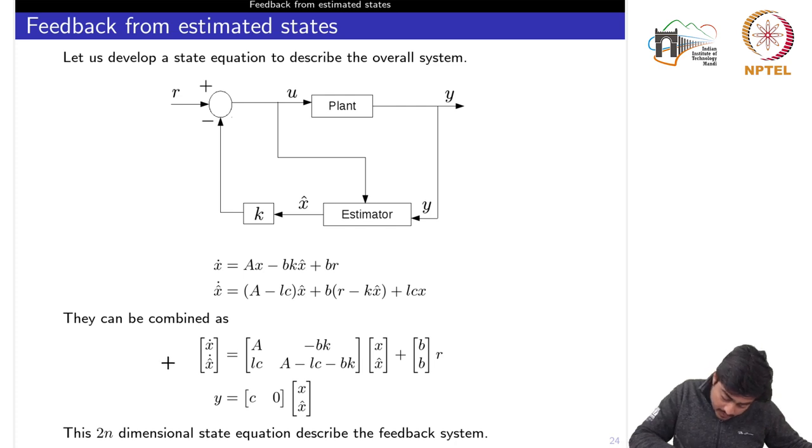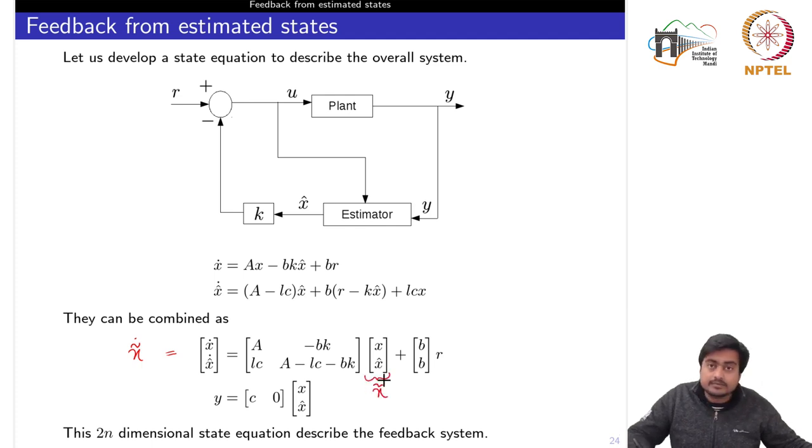It's better to define them, let's call them x tilde. So the first equation is x dot is equal to Ax, minus BK x hat plus Br.